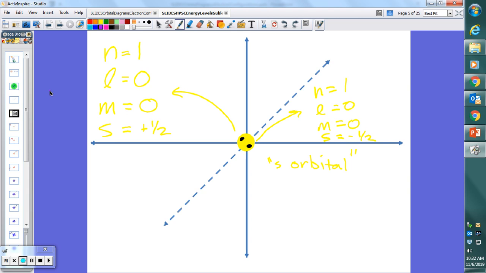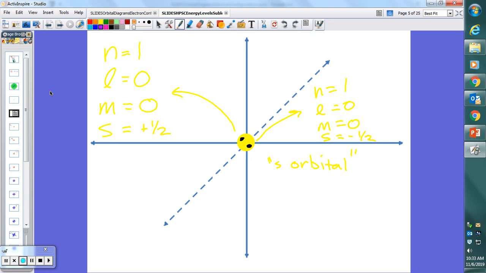All right, m. M is the magnetic quantum number. What does the magnetic quantum number describe for us? This one's a little bit trickier. Sam, you want to go ahead? Indicates the orbital the electrons are in. It indicates which orbital the electrons are in, because what do we run into sometimes, especially in the p orbitals and the d orbitals?